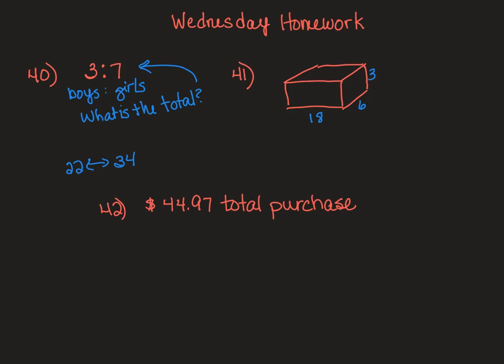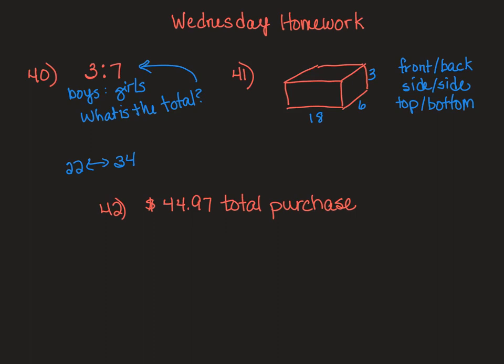So now I'm looking at all of this and I'm saying, I have again a front and a back, and they're going to be the same measurement, and I'm going to have a side, and they're going to be the same measurement, and then I'm going to have a top and a bottom. Okay, so we know in a rectangular prism we have 6 sides, 1, 2, 3, 4, 5, 6.